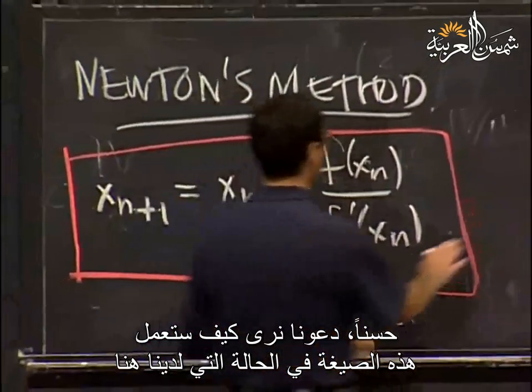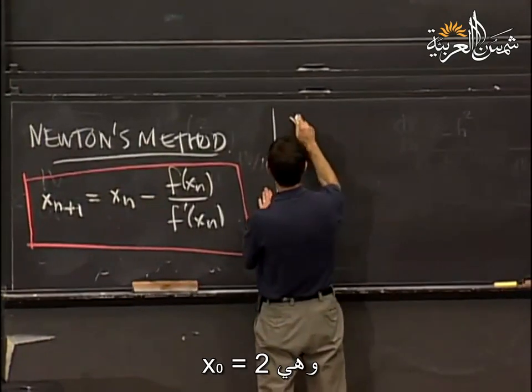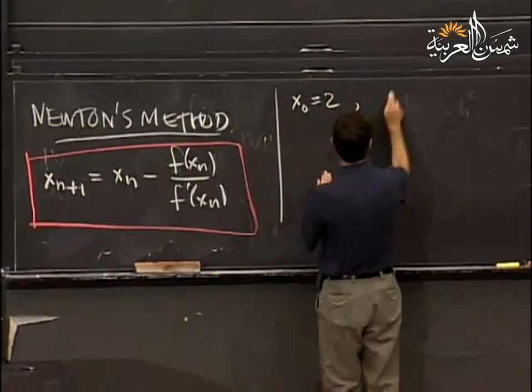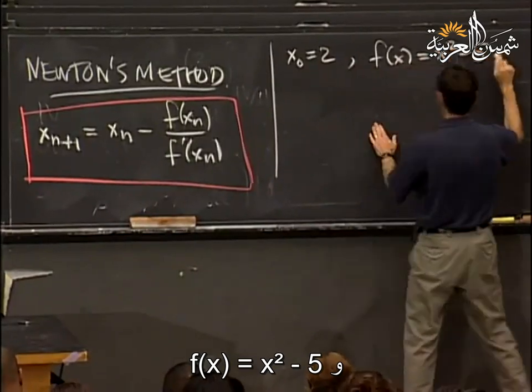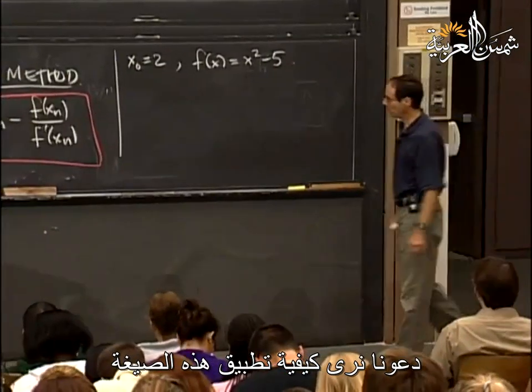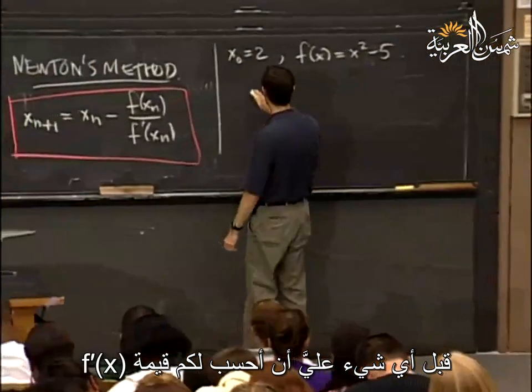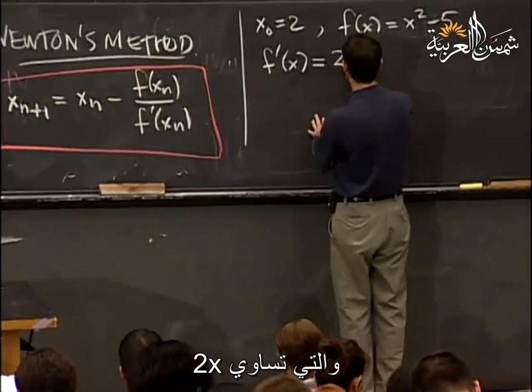All right, so let's see how it works in the case that we've got, which is x0 equal to 2, f of x equal to x squared minus 5. So let's see how to implement this formula. First of all, I have to calculate f prime of x. That's 2x.